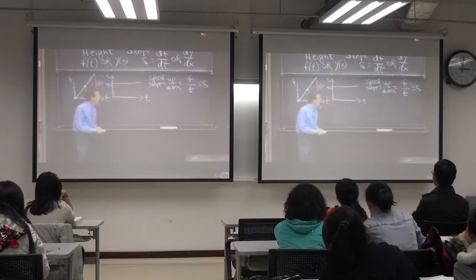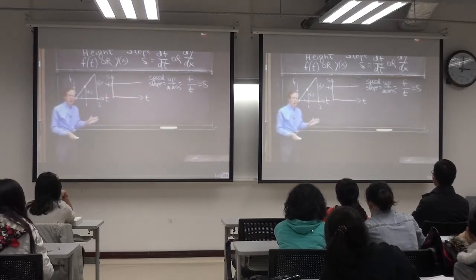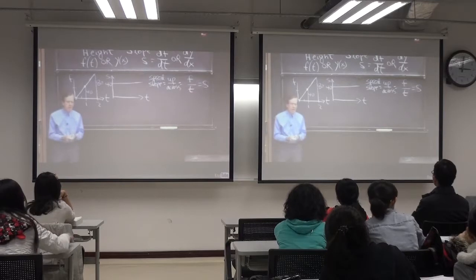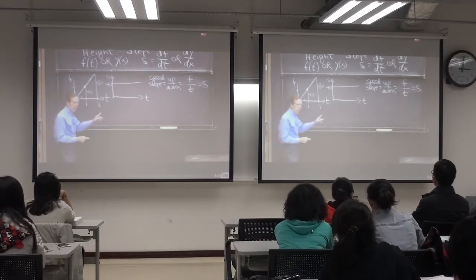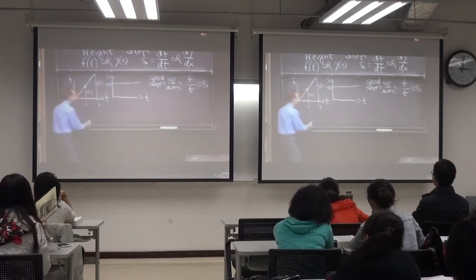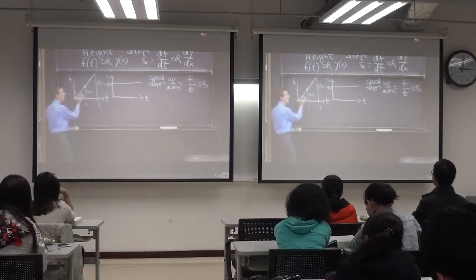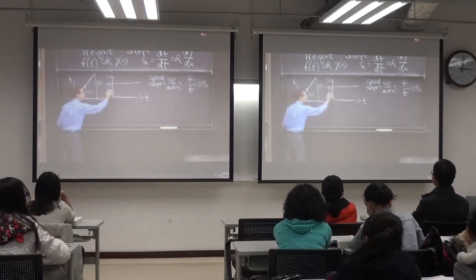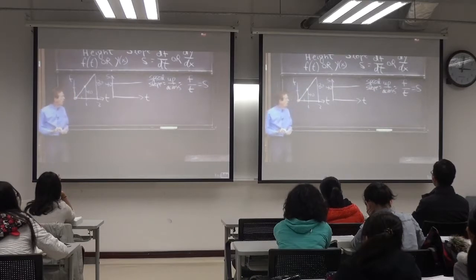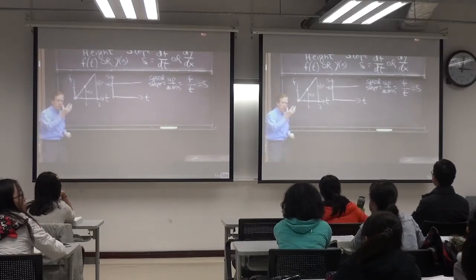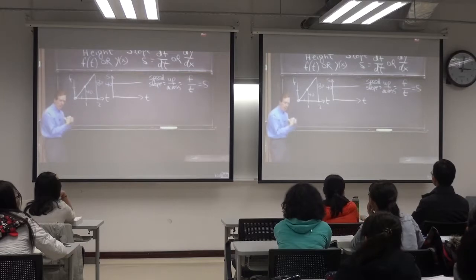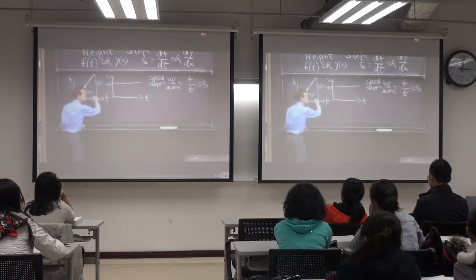Okay, what about going the other way? Calculus goes both ways. Here I went in the direction from 1 to 2. Now I want to go in the direction, suppose I know the speed, how do I recover the distance?